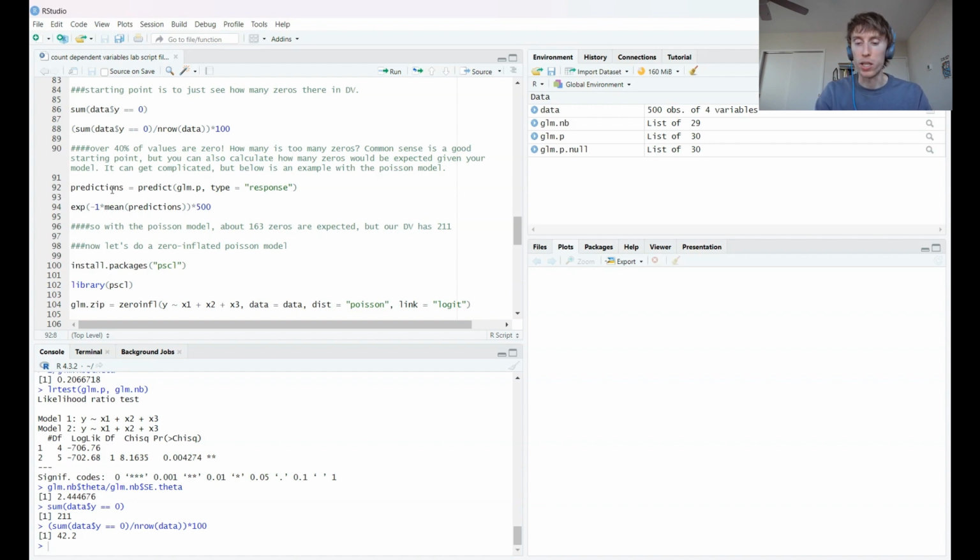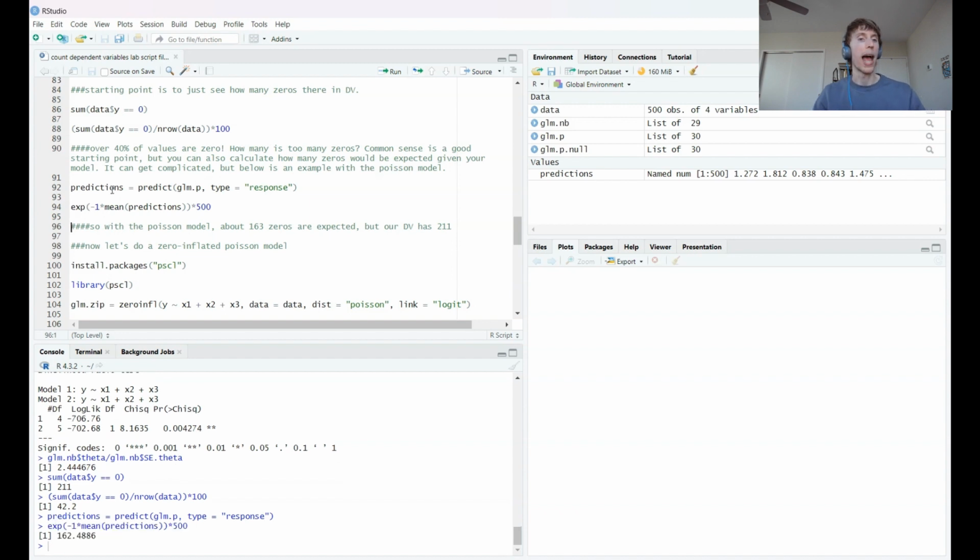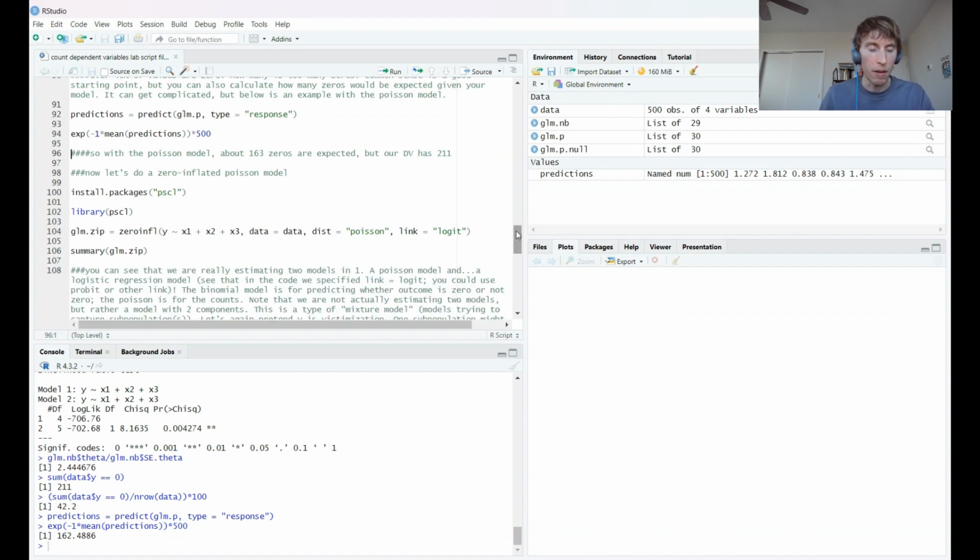So like with a Poisson model, how many zeros would we actually expect? And in our particular case, about 163, but we already know that our dependent variable has 211. So generally the common approach to addressing this too many zeros aspect of count data is to do a zero-inflated model.